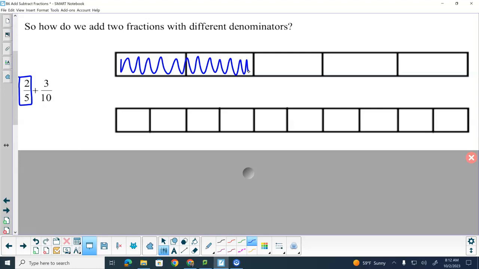Now luckily, the overall length of these two bars is the same. So 2/5 up here is how many tenths down here on this line? It's 4/10 because it covers this same space. Okay? So there is my 2/5.